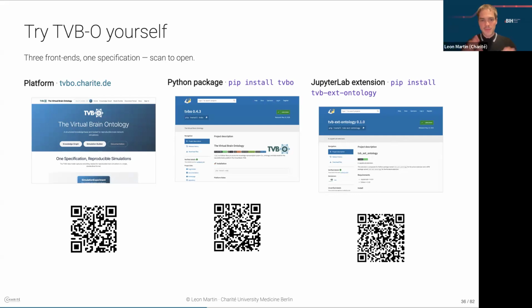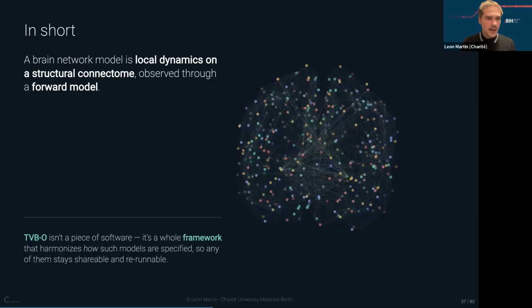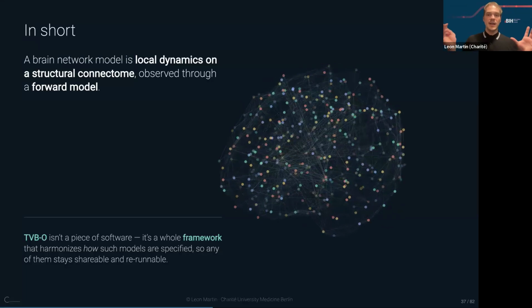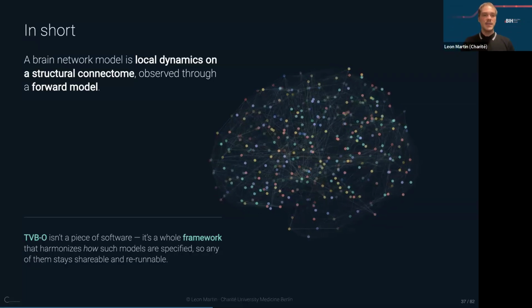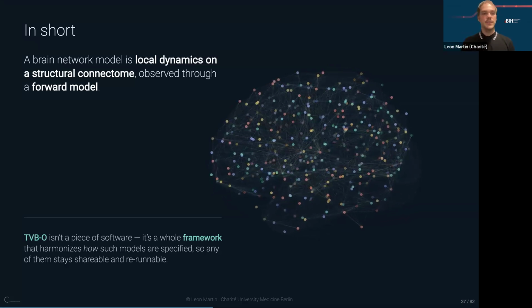So this is the framework, the building blocks. Then we need a specification, and then we need a backend that runs this model and executes the computation. In short, a brain network model is a collection of nodes that exhibit local dynamics, and they are interconnected within a structured connectome.